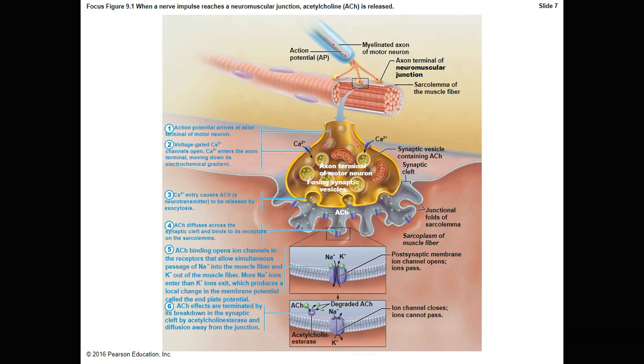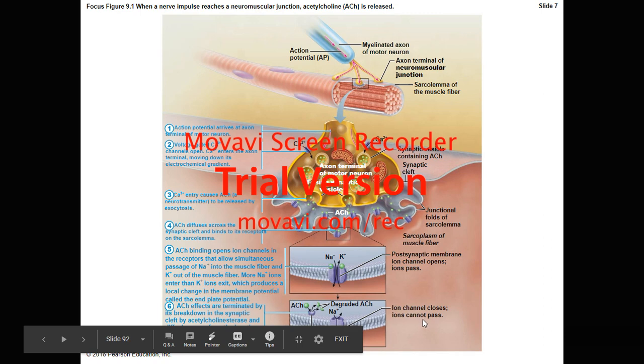As soon as that acetylcholine has been removed, the ion channels are going to close, and the sodium and potassium can't pass anymore through the ion channels.